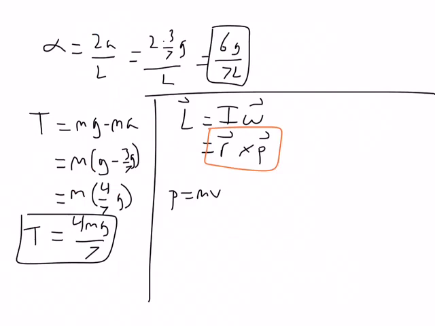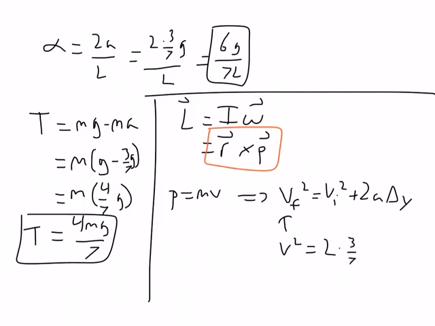Well, we know its acceleration, and we know the distance it traveled. So v final squared is v initial squared plus 2a delta y, because we're moving vertically. And this is the thing we care about. So v squared equals, we start at rest, so 2a is 3/7 g, and delta y is 5L over 3.